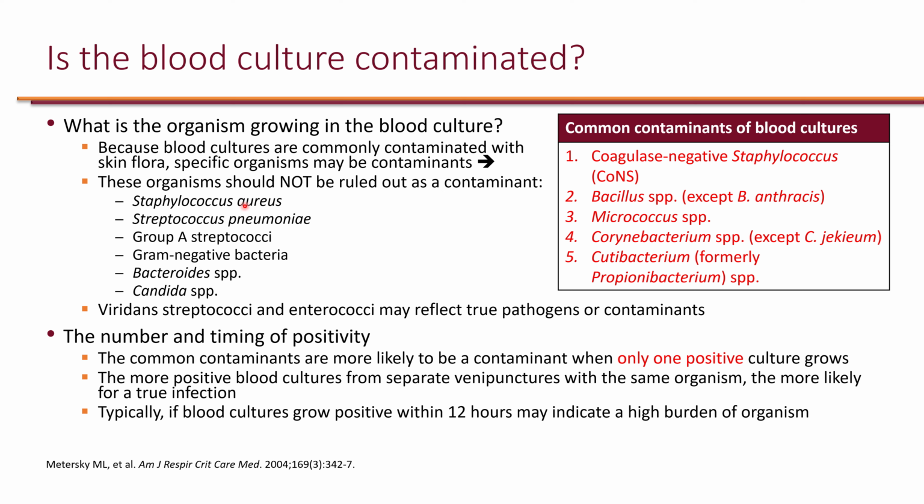You cannot count it as a contaminant, because if you happen to be wrong, Staphylococcus aureus can kill the patient pretty quickly. The same with the rest of these organisms here: Streptococcus pneumoniae, group A streptococci, any of the gram-negative bacteria, Bacteroides, and even the fungus Candida species. If you have even 1 out of 4 bottles growing any of these, you should consider it bacteremia and treat it.